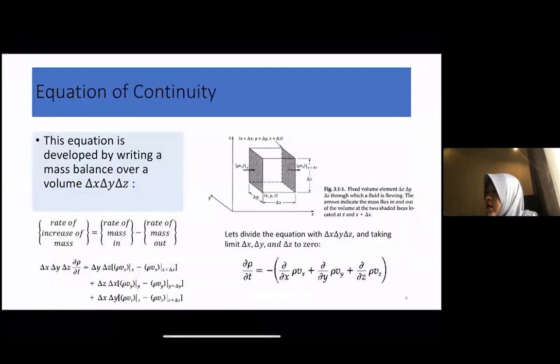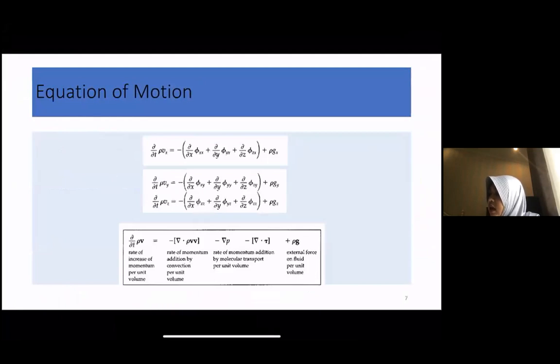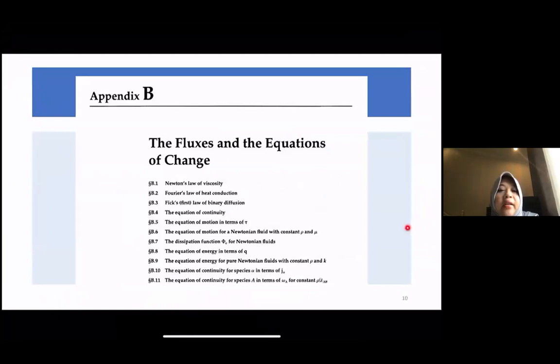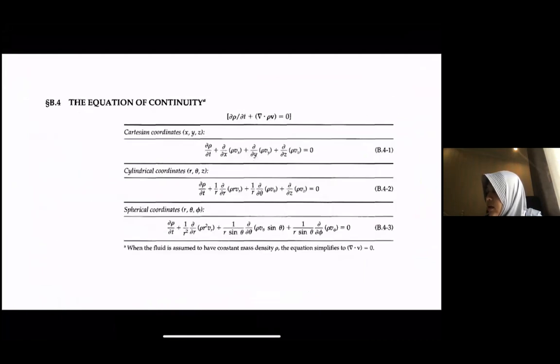Okay, about the shell balance here, we learn about the equation of continuity, then the equation of motion, and also the equation of mechanical energy and angular momentum. Then you need to open the equation of change, and on your laptop, open the PDF of the book and see appendix B. So this is the equation of continuity.